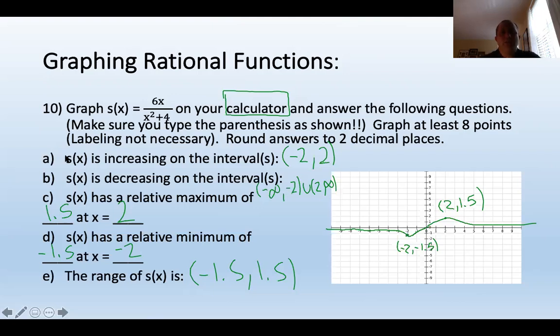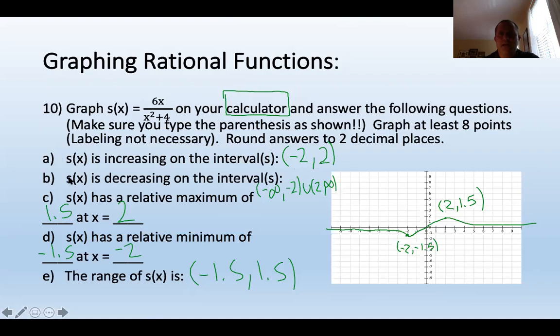A says this s of x is increasing on the interval from what to what? Well, it's increasing from here to here, and the x-coordinates there are negative 2 to positive 2. So you'd put parentheses negative 2, comma, positive 2, parenthesis.